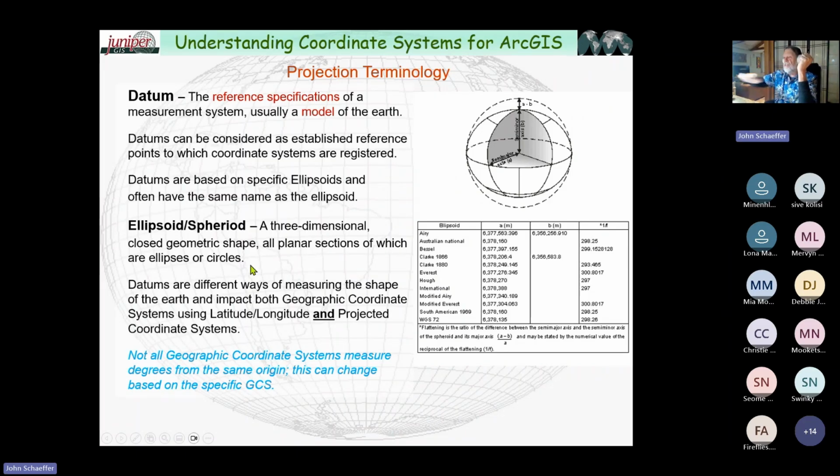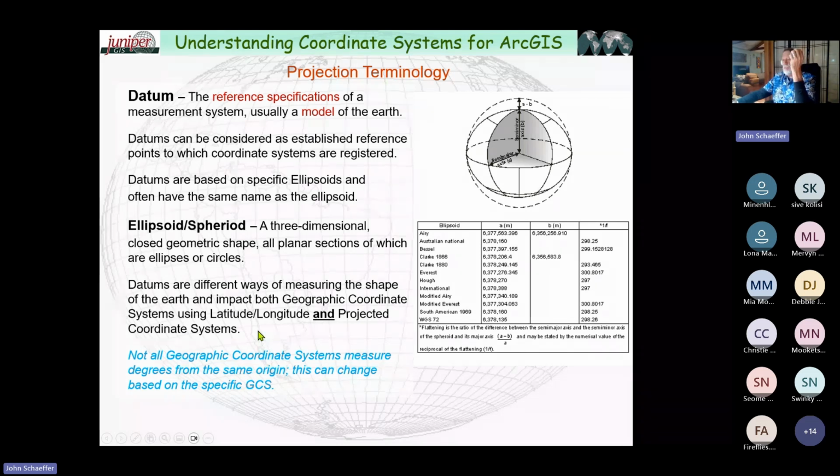So basically, if you slice through this spheroid, it's going to be an ellipse in most cases or a circle. And these are just different ways of measuring the shape of the Earth and impact both geographic coordinate systems, using latitude and longitude, and projected coordinate systems.